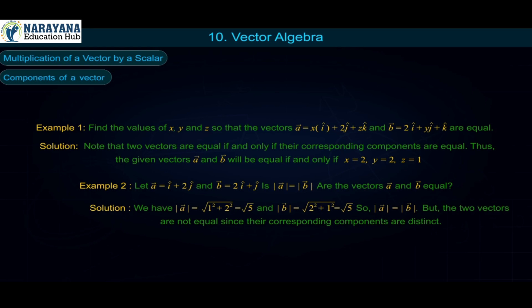We have modulus of vector A is equal to square root of 1 square plus 2 square, which is equal to root 5, and modulus of vector B is equal to square root of 2 square plus 1 square, which is equal to root 5. So, modulus of vector A is equal to modulus of vector B, but the two vectors are not equal since their corresponding components are distinct.